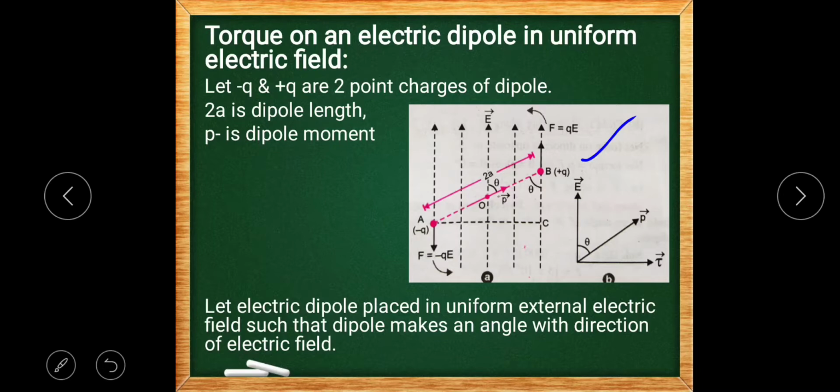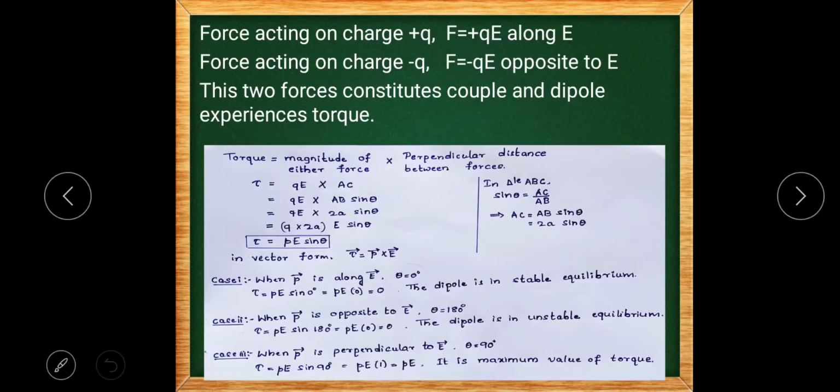Let the electric dipole be placed in a uniform external electric field such that the dipole makes an angle theta with the direction of the electric field. Now, the force acting on charge plus q can be written as F equal to plus q into E, that is along E. As you know, electric field intensity E equal to force by charge.